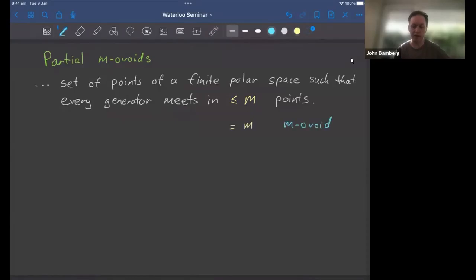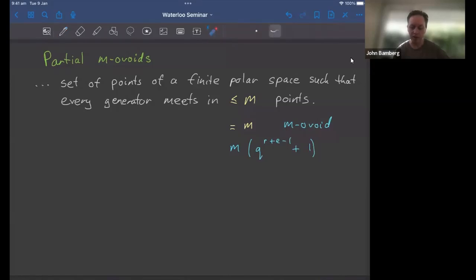And they're older, they at least go back to Segre, but they were called m-ovoids by Thas in the 1980s. And if you do have an m-ovoid, then the size of such an object just comes from a double counting argument. And you end up with the following, and I'll just point out what these parameters mean.